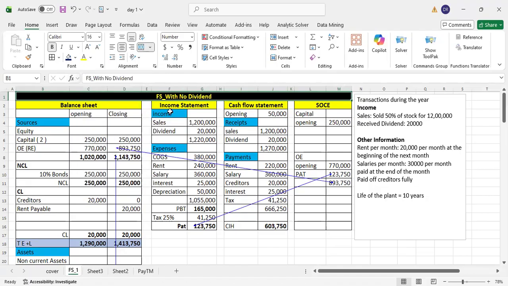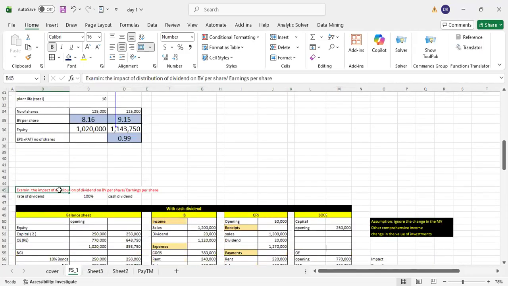Okay, no distribution has been made. So, therefore, the PAT increases the equity. But let us assume that the company declares dividend because there is a huge amount of retained profit. So the shareholders may ask for dividend. Let us examine.